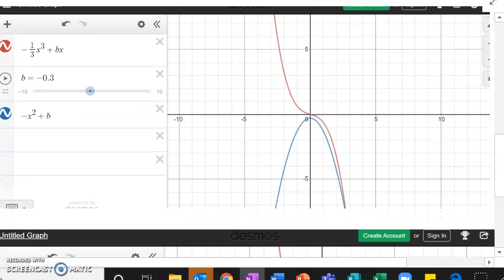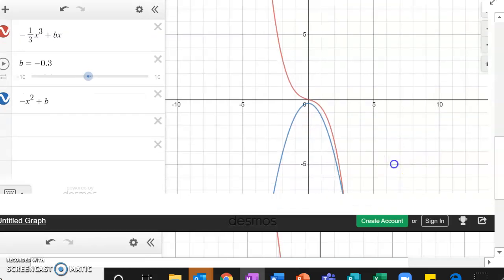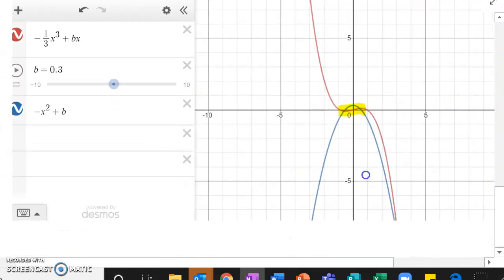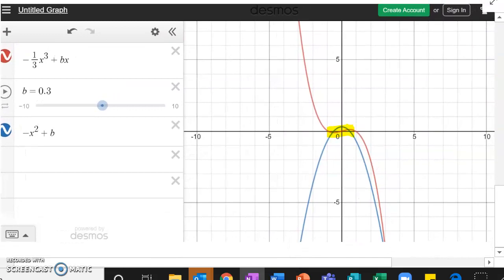Then here you can see that I put in a very small negative number, which is negative 0.3. And you can see that the red function, which is the original function, is always decreasing, and the parabola is also staying in the negative quadrants. Lastly, here you can see that I put b to be a positive number, even though it's very small, which is 0.3.